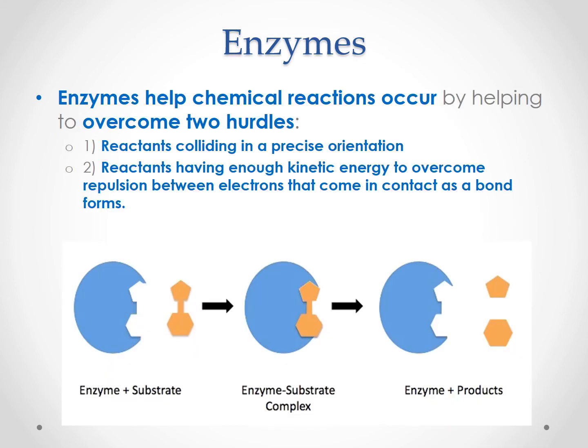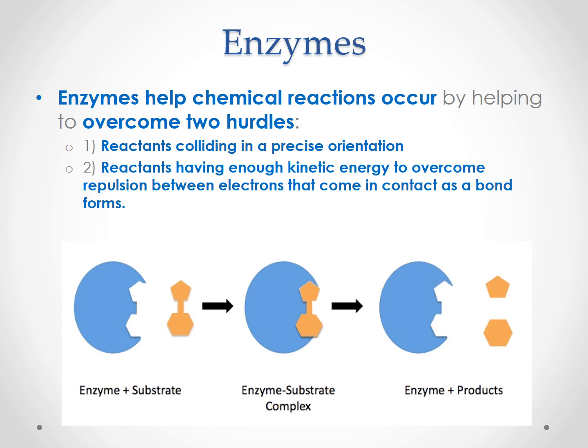And enzymes are really important in helping chemical reactions occur because what they're doing is placing these reactant substrates together in a very precise orientation to facilitate bond formation. If you just rely on these substrate molecules to bump into one another, then they may not bump into one another in the right orientation to facilitate how the bond is formed.